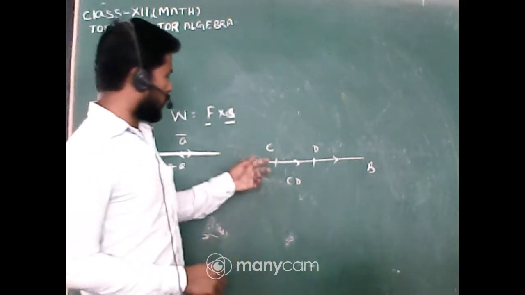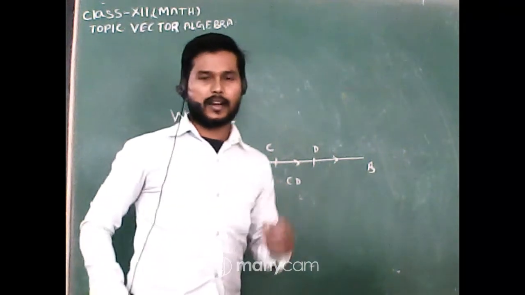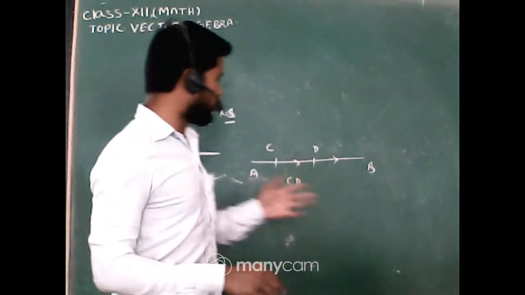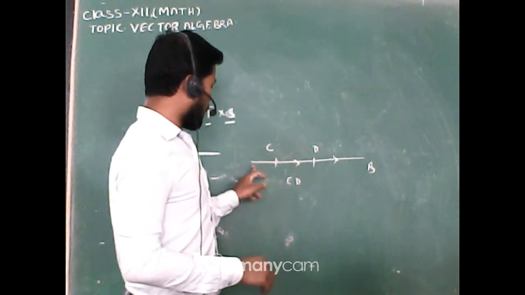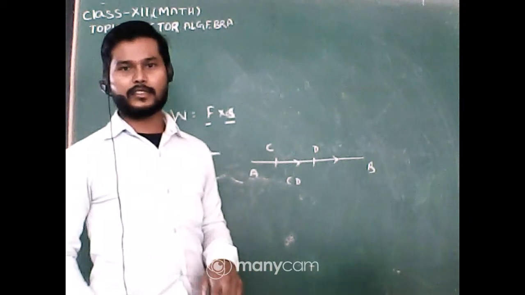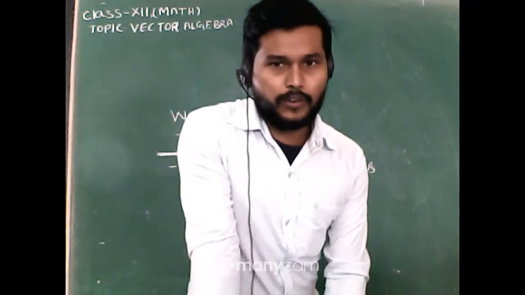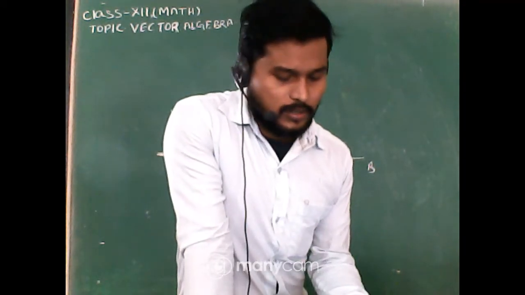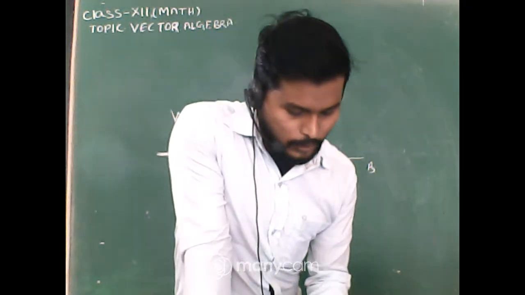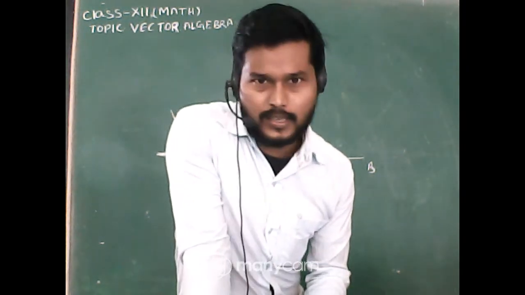The vectors AB and CD lie on the same line, so they are collinear, but you can see their magnitudes are different. The magnitude of AB obviously will not be equal to the magnitude of CD. That means if two vectors are collinear, their magnitudes may not be equal. So this is a false statement.